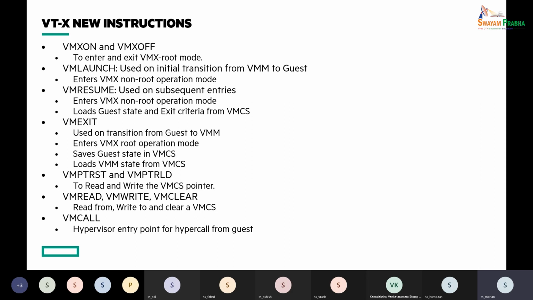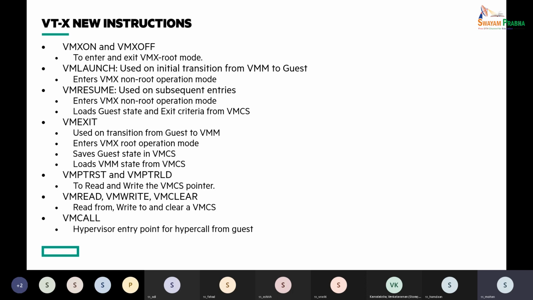There were some other instructions like VMPTRST and VMPTRLD, store and load, to read and write the VMCS pointers, and you could even do VMREAD, VMWRITE and VMCLEAR, I think, to read, write and clear a VMCS. And finally, I think it also introduced the concept of a VM call.